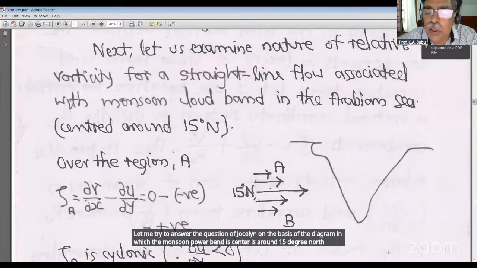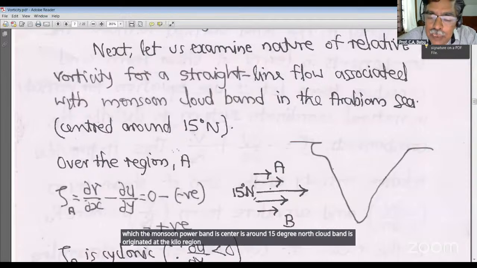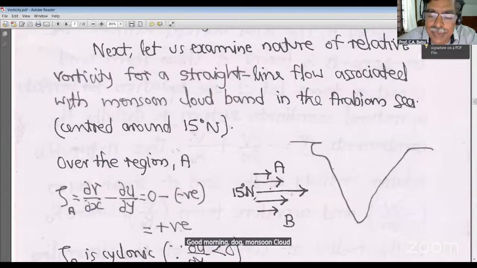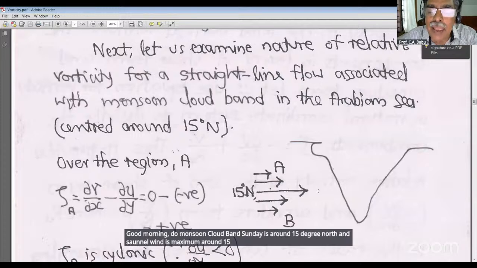The cloud band originates at the equator region and passes towards north, and the western component of the monsoon cloud band center is around 15° north. The zonal wind is maximum around 15° north, and the zonal wind components decrease towards north and towards south.